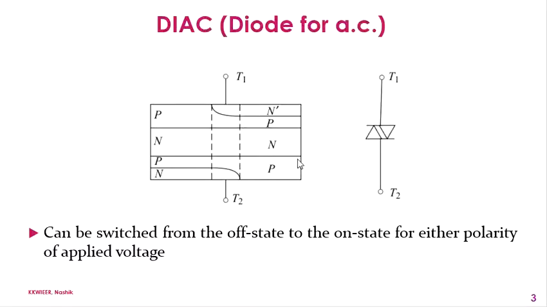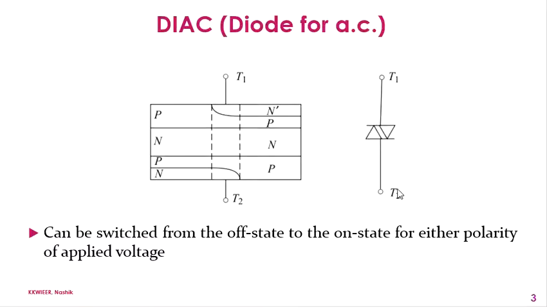It is a PNPN structure similar to TRIAC, and in case of TRIAC there are MT1 and MT2 and gate terminal, but in case of DIAC only T1 and T2, these two terminals are there. Talking about the operation of DIAC, if the T1 terminal is positive and T2 terminal is negative, this PNPN conducts.